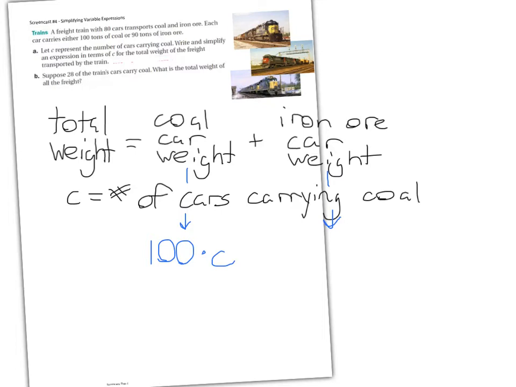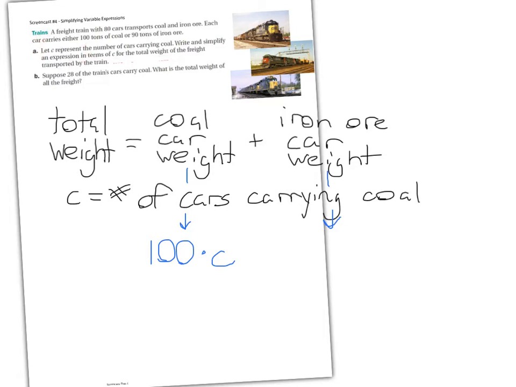All right, well, let's say there are 10 coal cars. Knowing that there's 80 cars in total and there's 10 coal cars, we know the iron ore cars must be 70. In other words, 80 minus 10. Using this information, what we also know is that C represents the number of cars carrying coal.